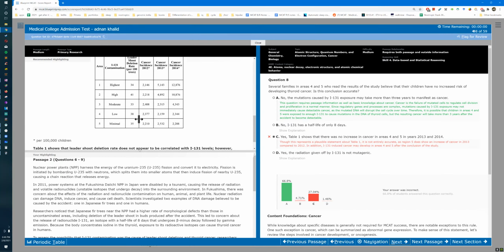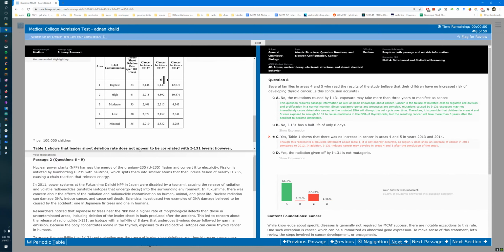So I chose wrong here. It's plausible, but we want something to be always correct, right? And we basically can't say that they have no increased risk of thyroid cancer, because that's just too extreme of a statement. It could be that it takes more than 3 years.